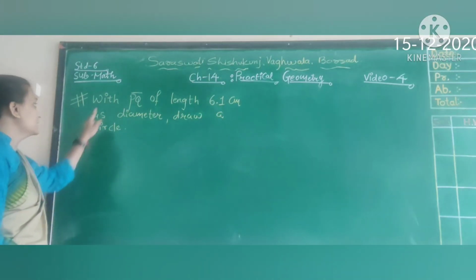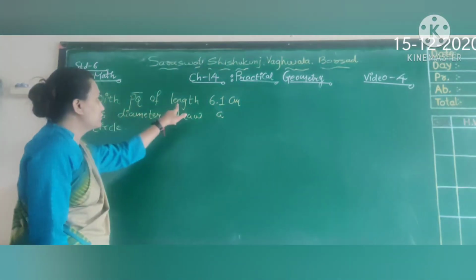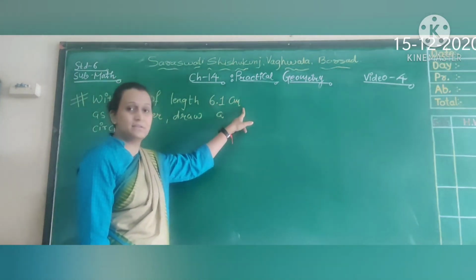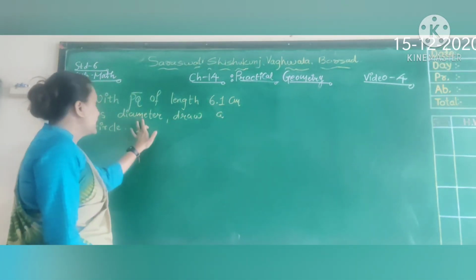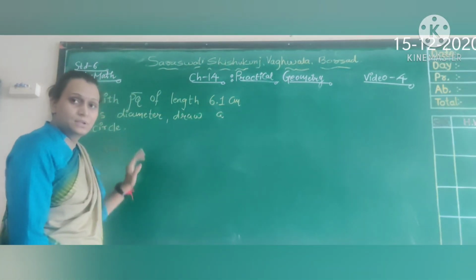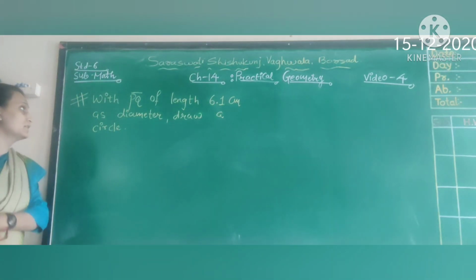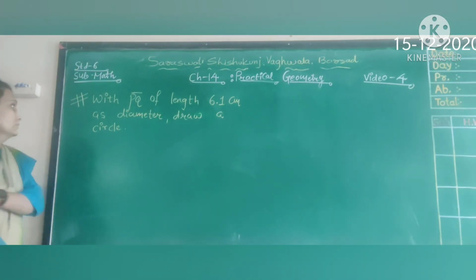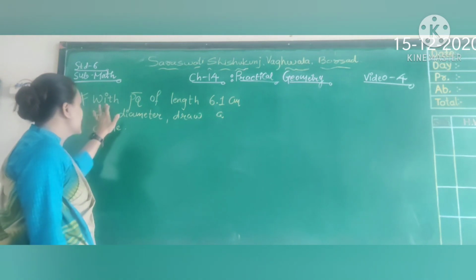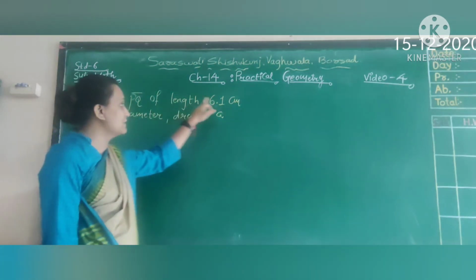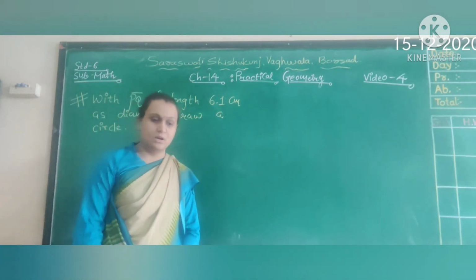Next question is that with PQ of length 6.1 centimeter as diameter, draw a circle. See, what is the question here? We have to construct a circle. So here the given question is that we have to draw PQ with length 6.1 centimeter. Okay.